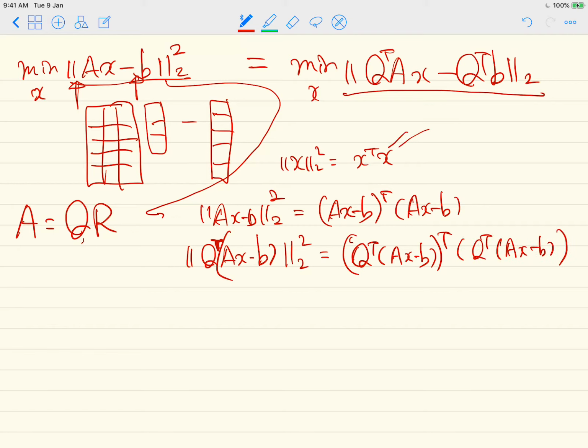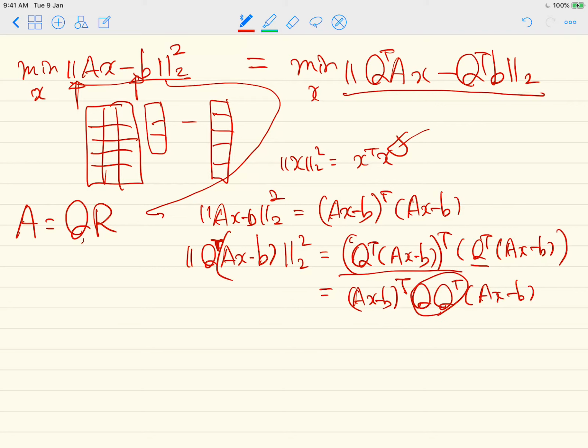I just applied this formula, and then this guy is (Ax minus b) transpose Q transpose being equal to Q, right? And here we have Q transpose Ax minus b, right?